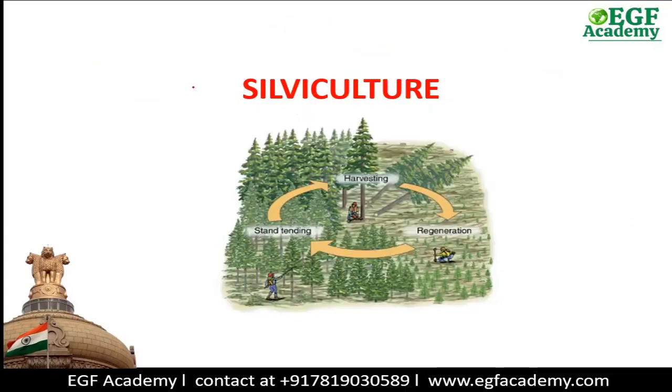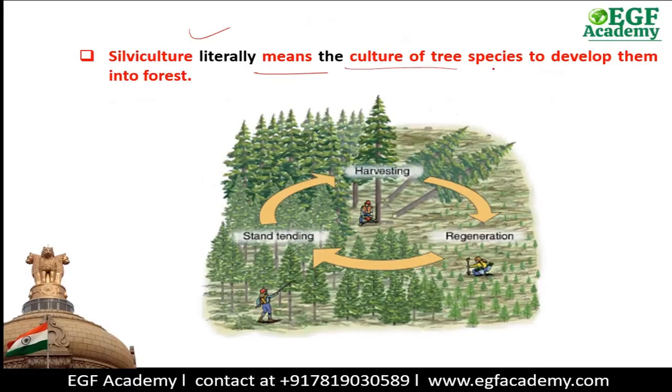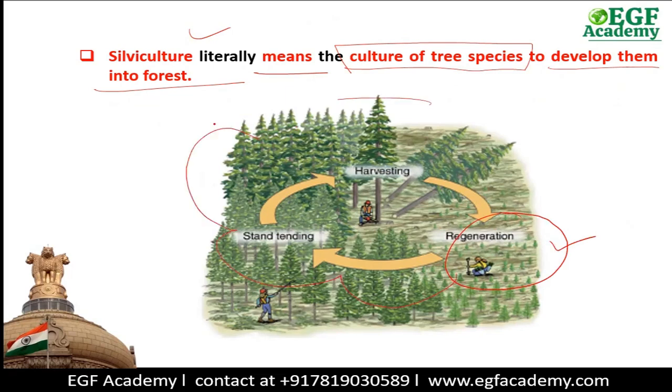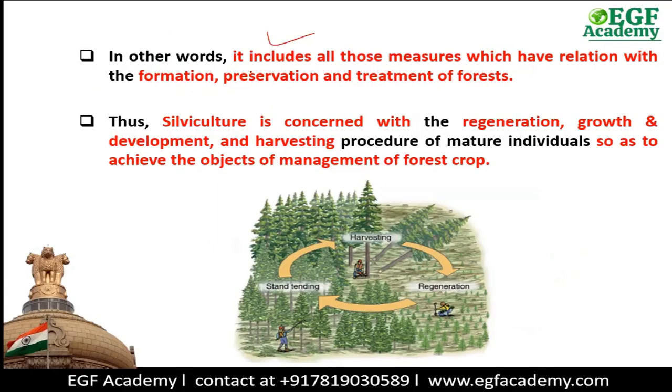So the first and most important branch of forestry is silviculture. The meaning of silviculture is culture of tree species to develop them into forest. First, we are growing the tree species so that they are converted into forest. That means growing a forest through tree plantation. Silviculture includes all the measures which have relation with formation, preservation, and treatment of forest.